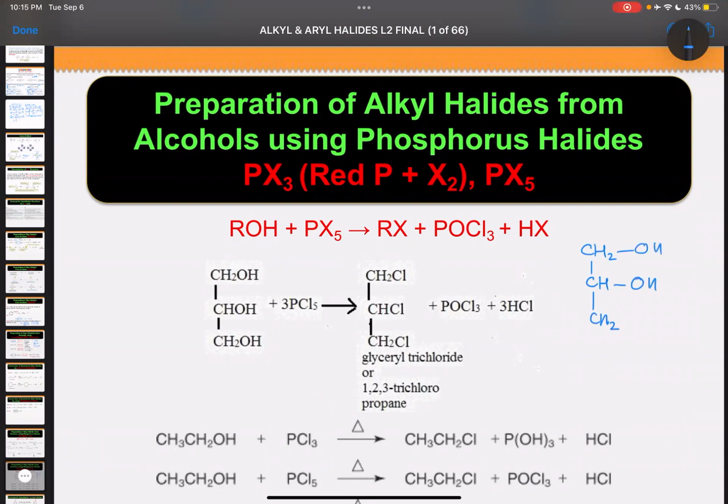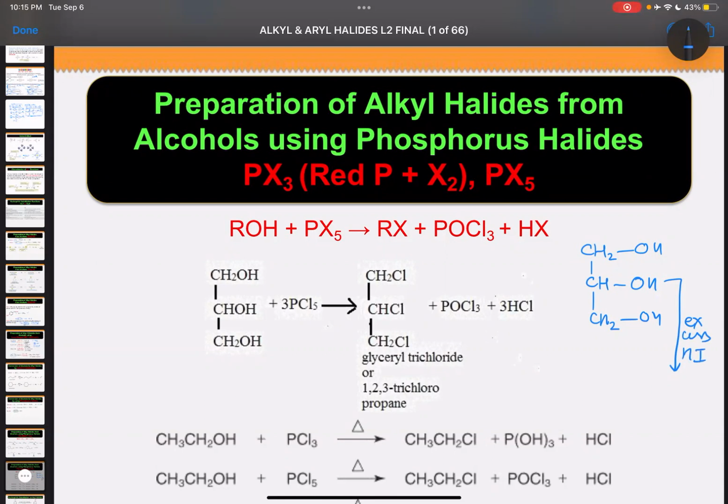I have taught it many times for JEE Advanced also. If you react with excess HI, what will you get? Just now we were doing the reaction of alcohol with HI, so this is the same question.